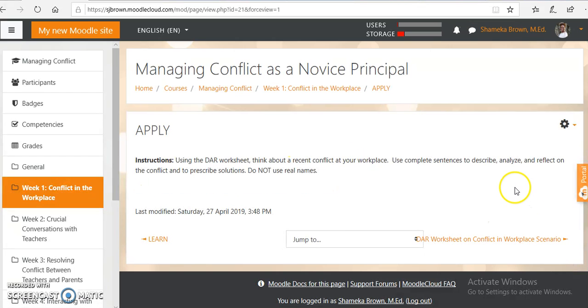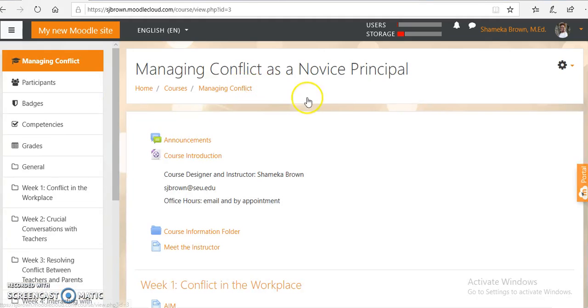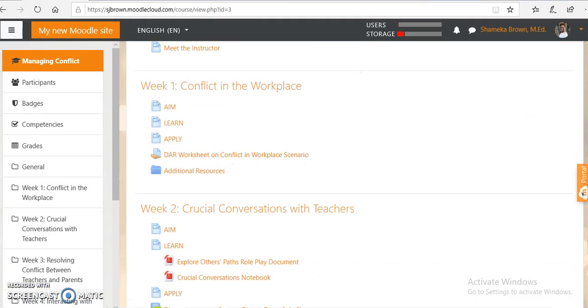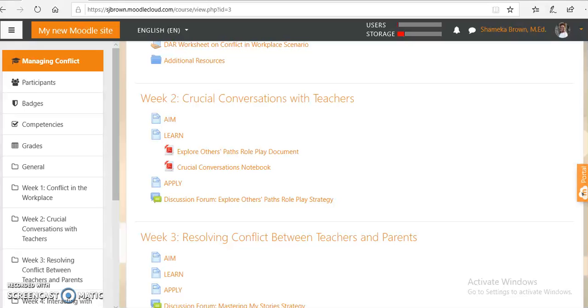Under the apply is where I provide the instructions for the DAR worksheet, where they will consider a recent conflict at their workplace and describe, analyze, and reflect on the conflict. So that's week 1. And the rest of the weeks are laid out very similarly.